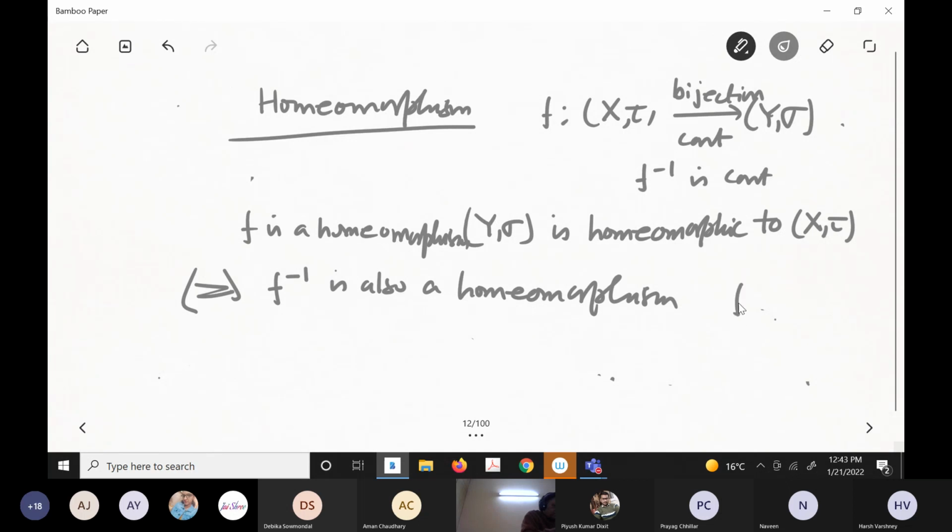Because I told you, F inverse of inverse is the same map F. So if this is homeomorphic to that, then that is also homeomorphic to this. So more precisely, you should write they are homeomorphic to each other.